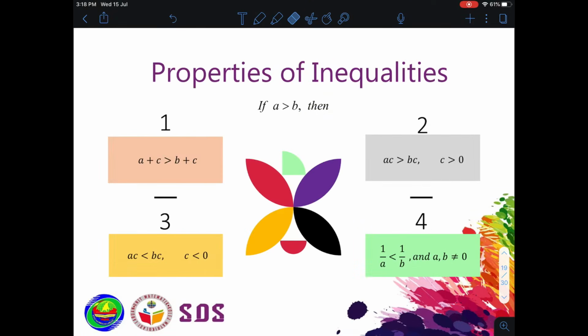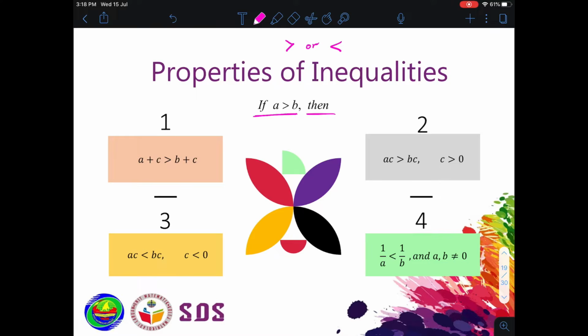Okay, the properties of inequalities will show us how the symbol of greater than or lesser than works. So if you have a number a greater than b, then four of these will be our properties. They describe the properties of inequalities, which is very important for us to understand. For example, let's say your a is 5, greater than b, which is 3.